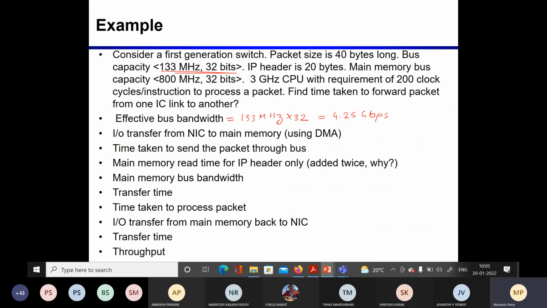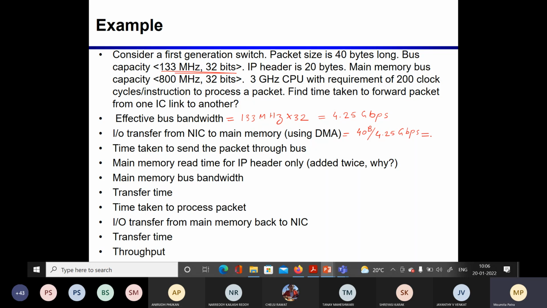Okay. Then what should be the IO transfer time from NIC to main memory using DMA? So after this, using DMA, there will be IO transfer from the network interface card to the main memory, right? So what do we know about this? We have a 40 byte packet. The bus capacity or the bus bandwidth is now 4.25 Gbps. This is byte.